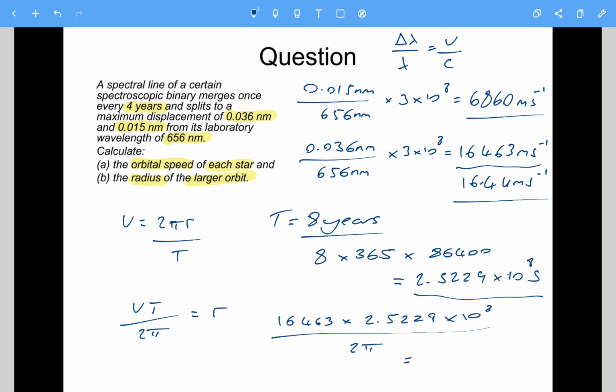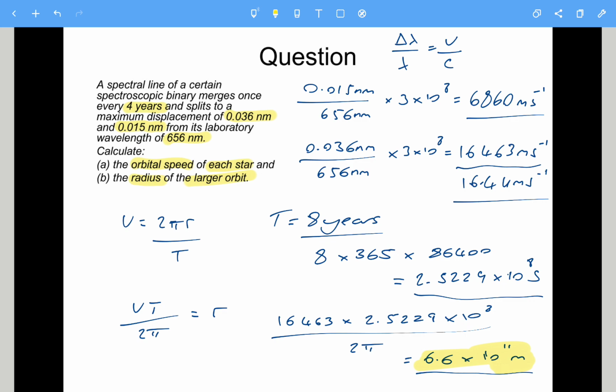And you should have got 6.6 times 10 to the power of 11 meters. If you compare that to the Earth's orbit around the sun, that's 1.5 times 10 to the 11, so it's significantly larger.